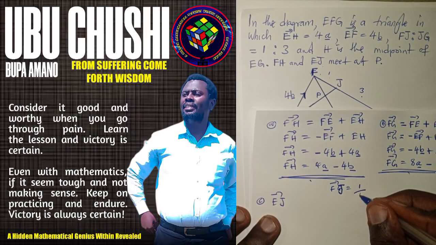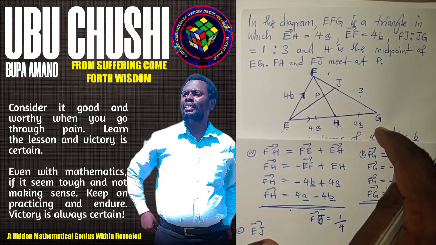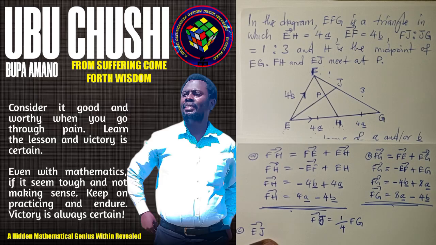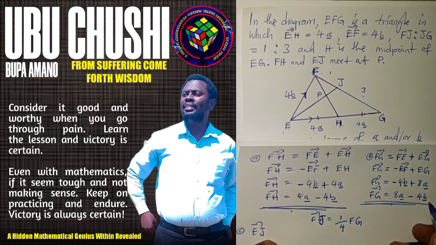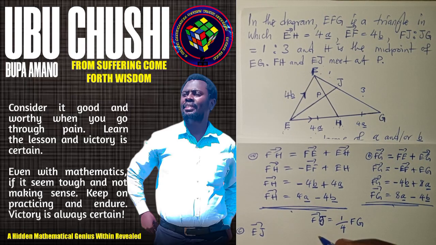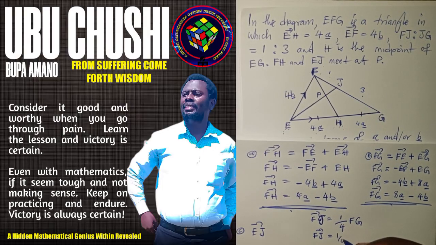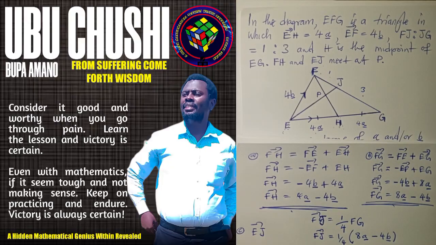So it will be 1 over 4 of FG. And FG, we calculated it to be 8 vector A minus 4 vector B. So FJ is equal to 1 over 4, then in brackets 8 vector A minus 4 vector B.